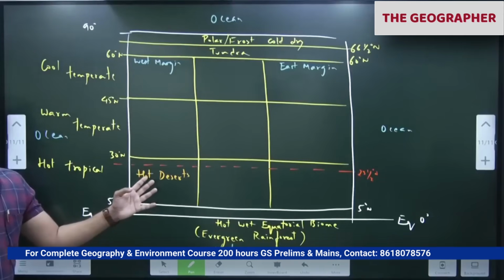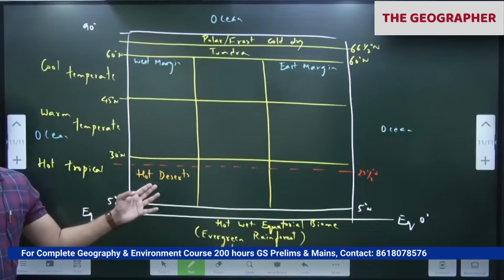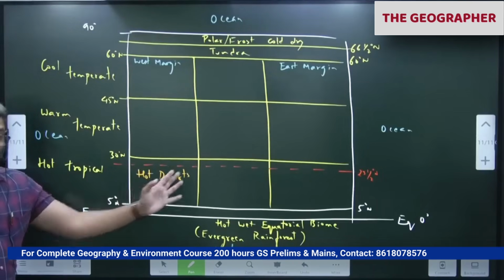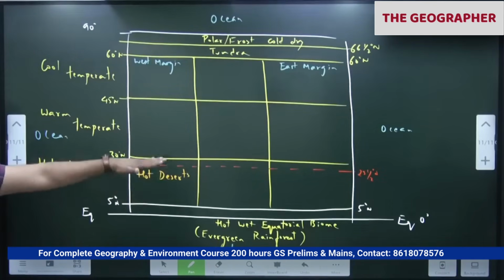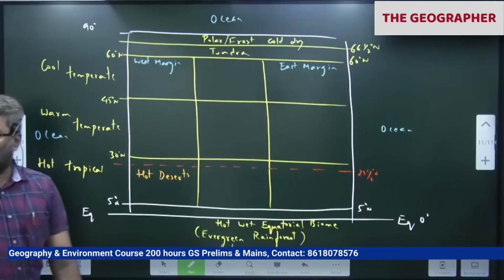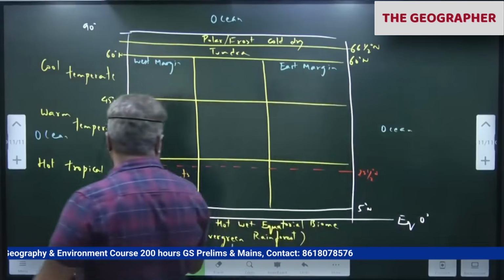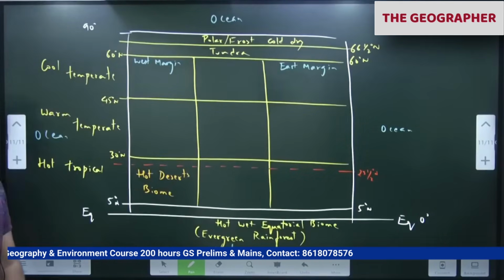In the southern hemisphere, Africa, we have Kalahari and Namib; in Australia, the Great Victoria, Great Sandy, Simpson and Gibson deserts. All are found in the western margin in this part of the world. So the deserts are found in the subtropical western margin of the continent. This is called the hot desert biome.